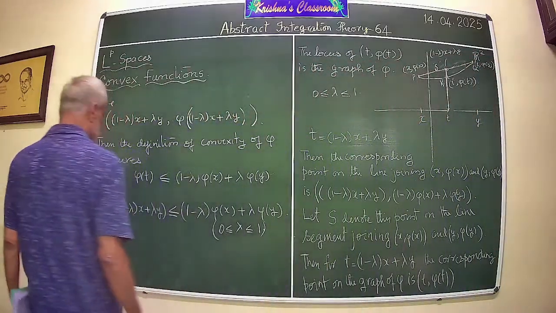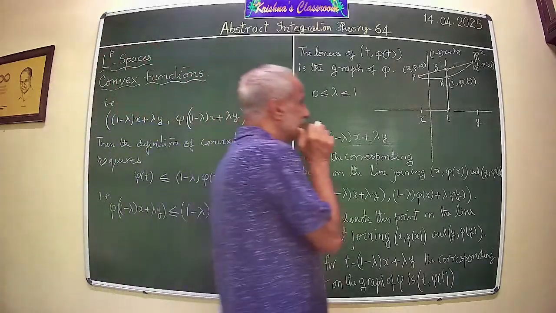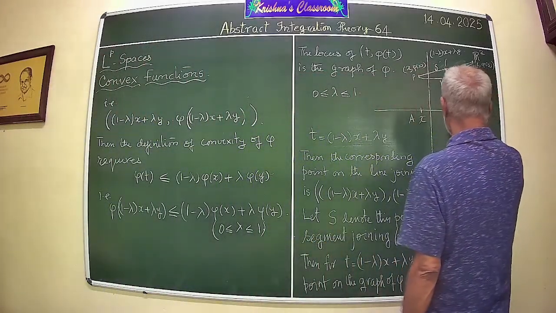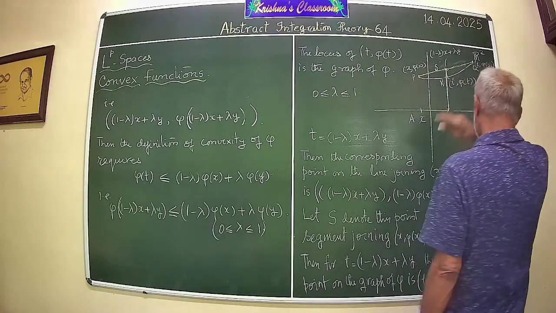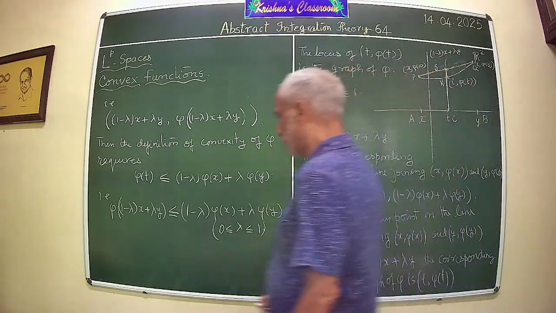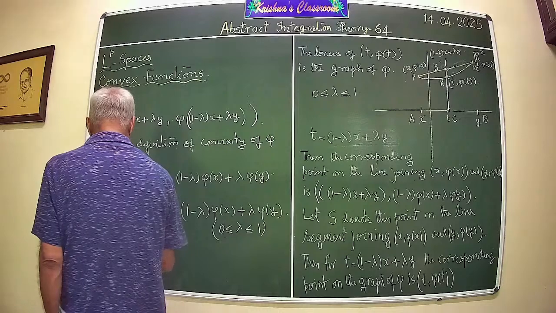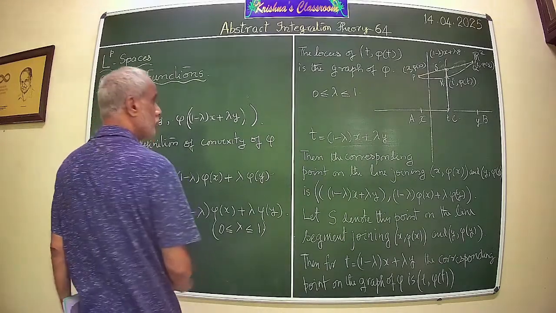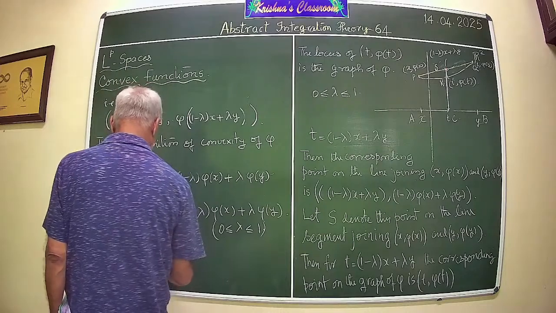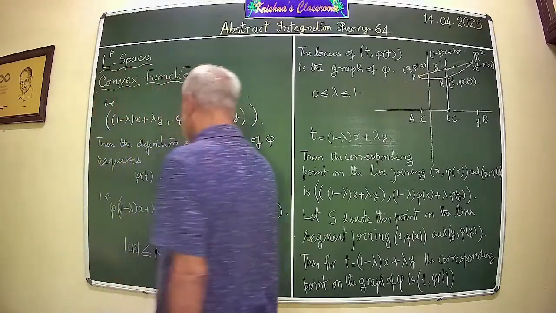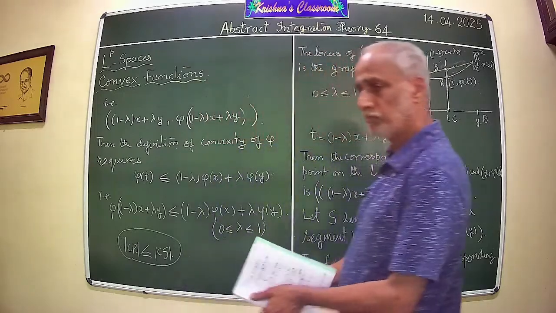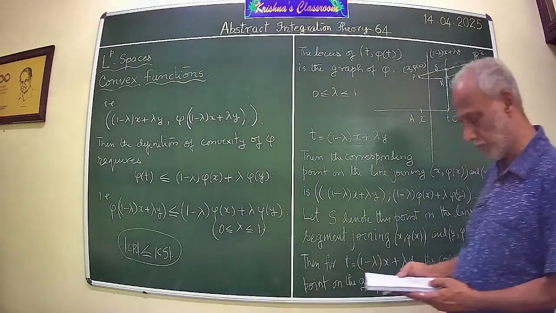Okay, so that the height, if you call this A, B and C, the height CR is less than or equal to CS. So that is what you mean by convexity.